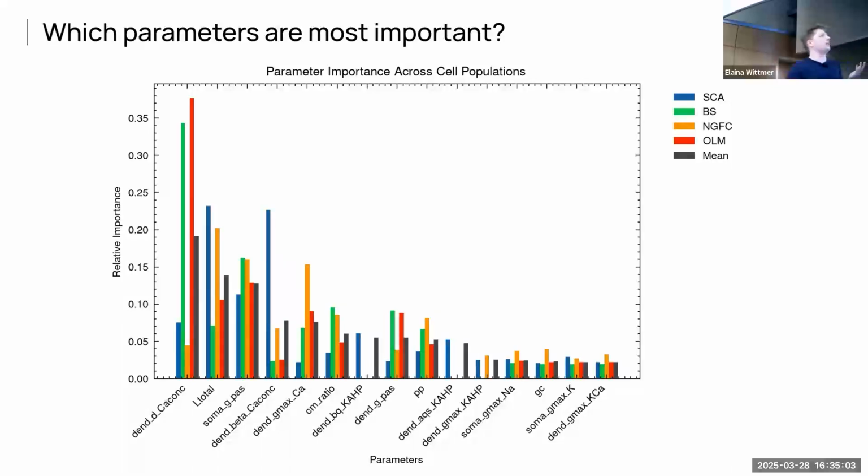And what's nice is that when we do this analysis, we find that, for example, this calcium parameter is apparently the most important parameter. And that actually tracks with our biological understanding of these systems, because the calcium channels are one of the channels that have a huge influence in the short time scale of changing things.